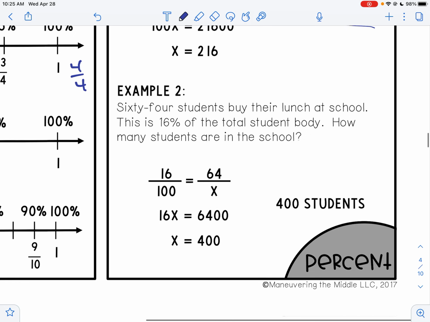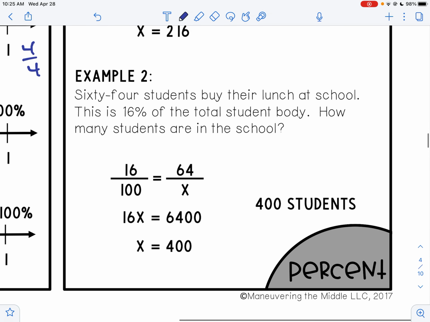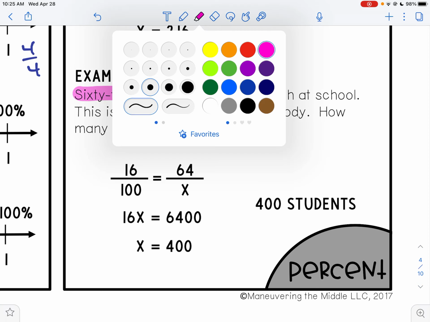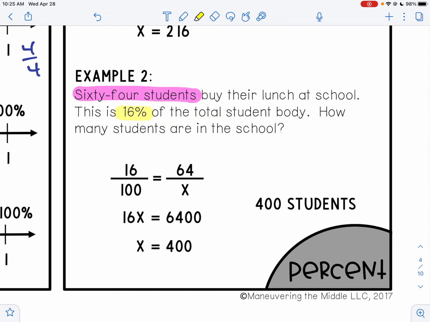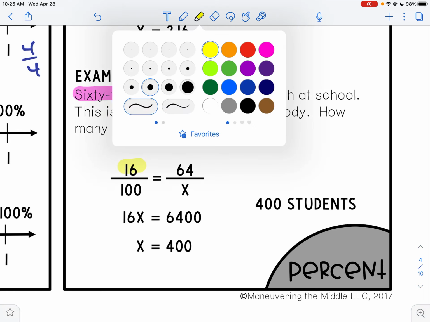Okay, example number 2. It says 64 students buy their lunch at school, and this is 16% of the total student body. How many students are in the school? So what they did, they put 16 over 100 because 16 represents the percent.